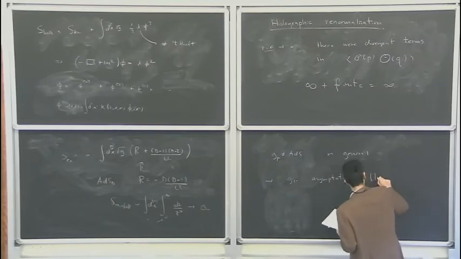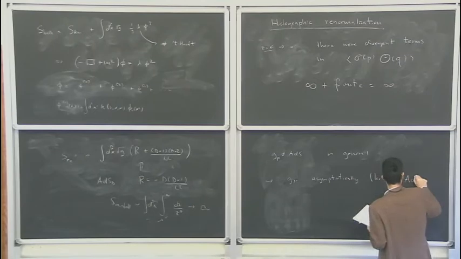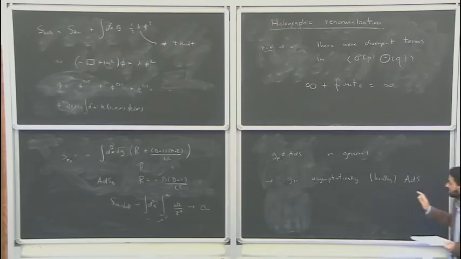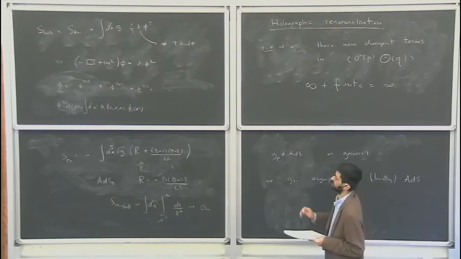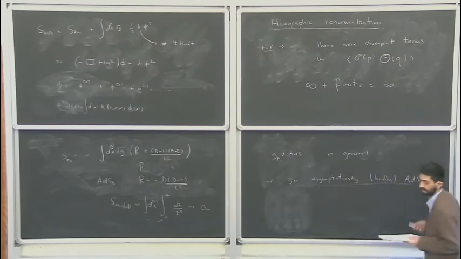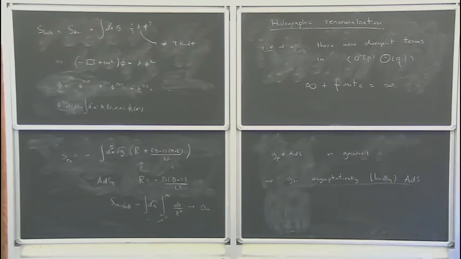Or even more generally, asymptotically locally ADS, right? But without going into the technicalities, I will soon enough introduce a particular coordinate system where we will take that as a synonym of asymptotically locally ADS. That's the coordinate system of Fefferman and Graham.